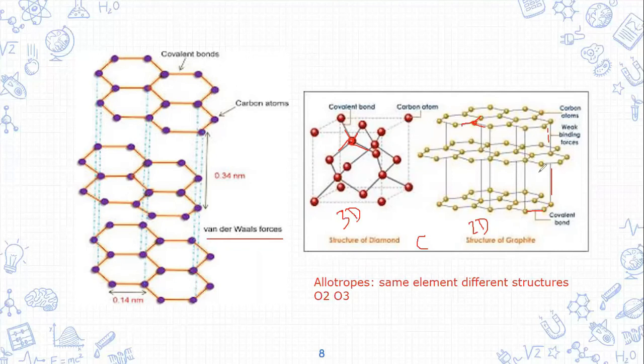So these layers can slide over each other, which is why graphite is very soft and can be used as a lubricant. Both the structures have the same formula, carbon, C.